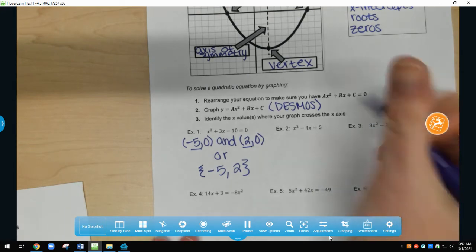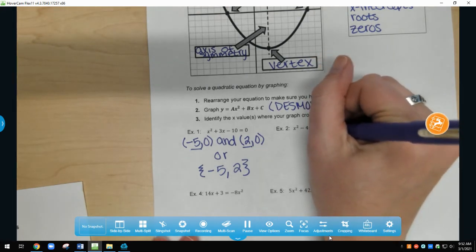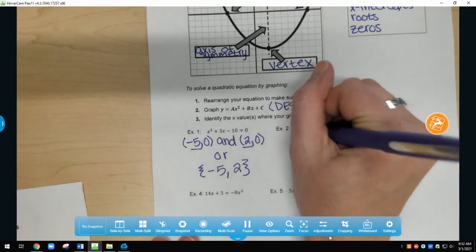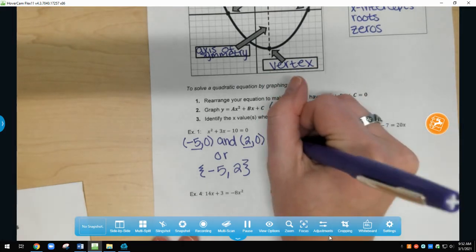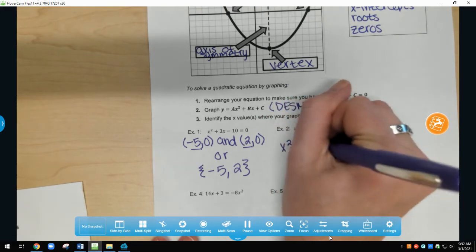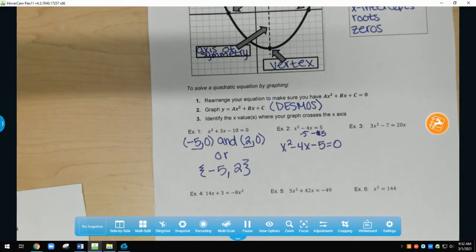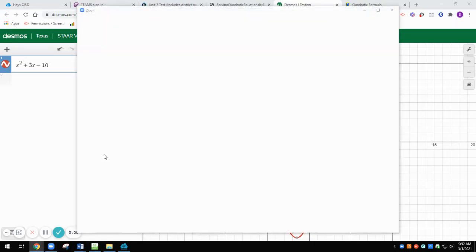On this next one, we have x squared minus 4x equals 5. It's not equal to 0, so I need to move the 5. I'm going to subtract 5. So my new one would be x squared minus 4x minus 5 equals 0. That is what I'm going to put into Desmos.